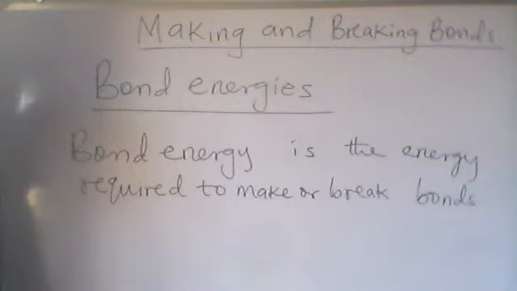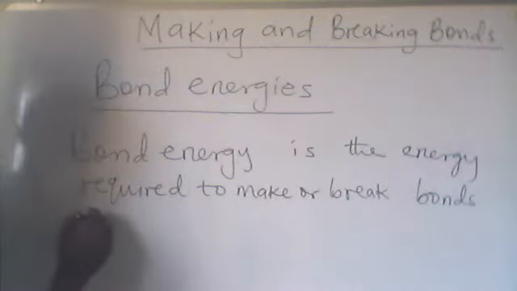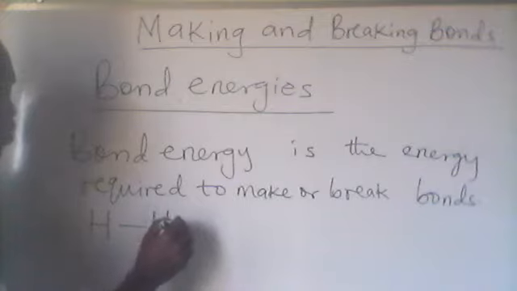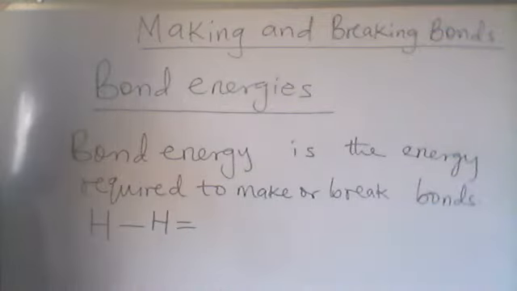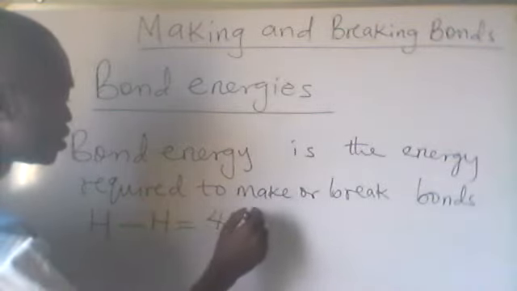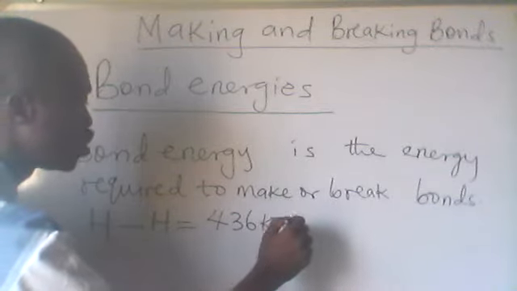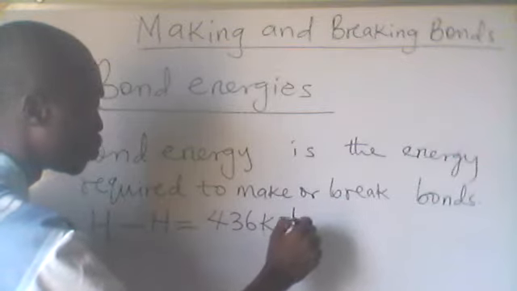Now, every bond have their equivalent energy. Take for example, hydrogen to hydrogen bond will require about 436 kilojoule a mole.